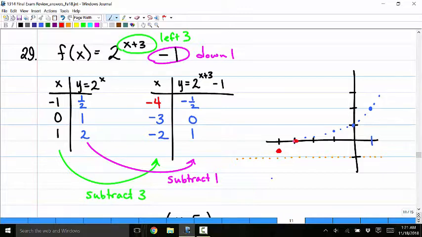Then you have the point negative 3, 0, and the point negative 2, 1. So your function should look like this. Notice that the original horizontal asymptote of y equals 0 has been shifted down 1. So your new horizontal asymptote is y equals negative 1.